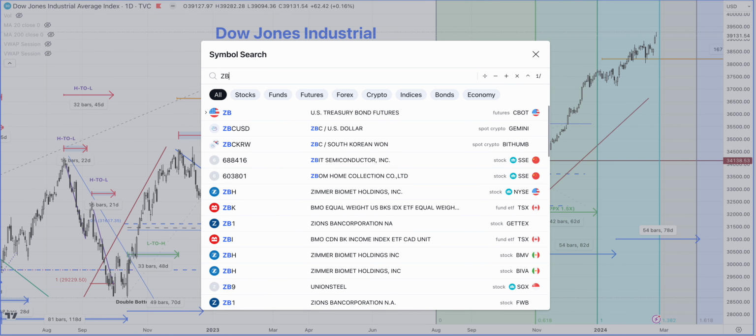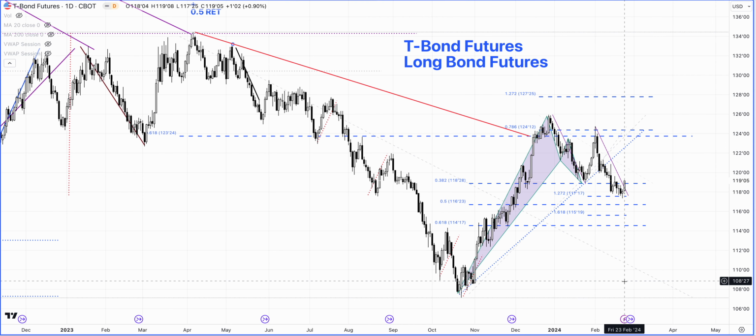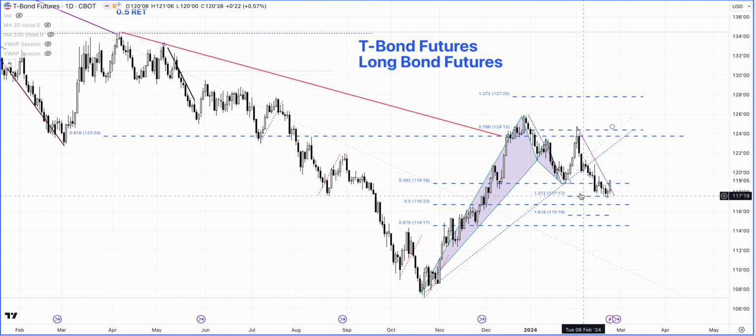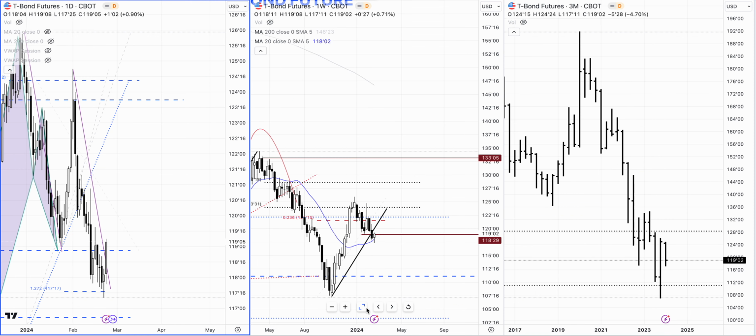Let's take a look at the long bond futures chart. Last week when we did the weekend review, we were really looking for a key one-to-one price projection pattern, ABCD, coming around here. Let me move to the weekly chart.